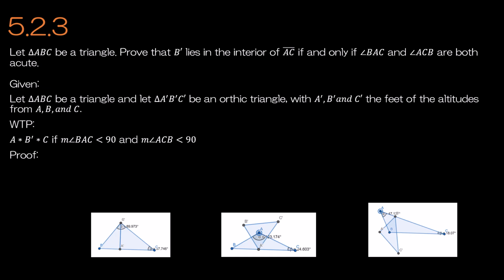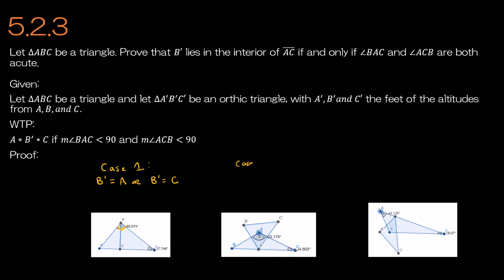So we're just going to consider cases. We're going to say case 1 is that B prime is actually equal to point A, or B prime is equal to point C. So as a hint, I want you to notice what must happen to that angle if those are the same point.